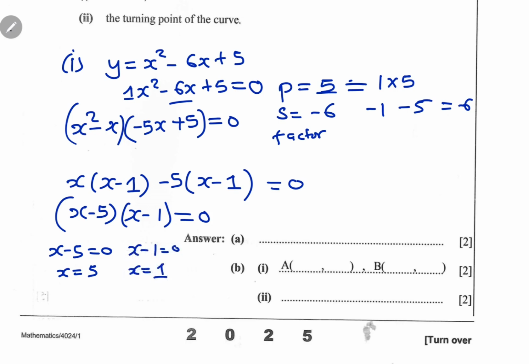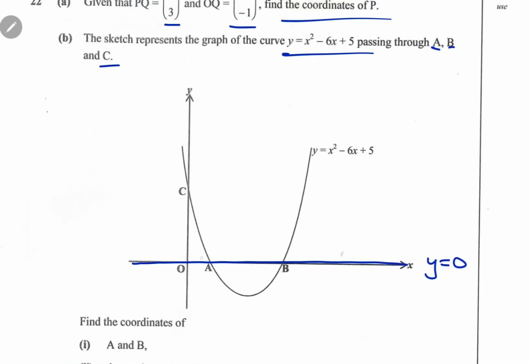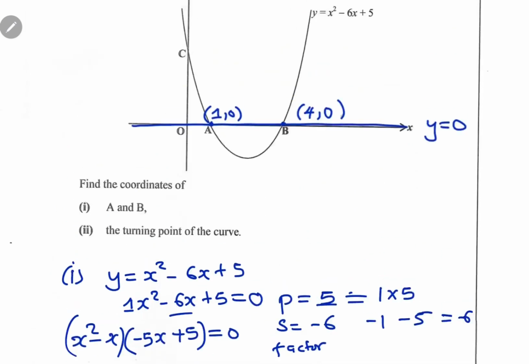So we have the values of x as 1 and 5. Now looking at the graph, here is 0. Surely the first number here should be 1, comma what? Comma 0, because along this line the values of y are 0. Is it 4? 5, 0, please.